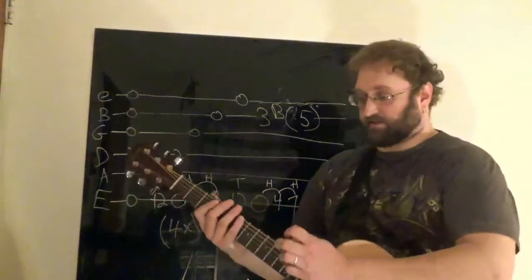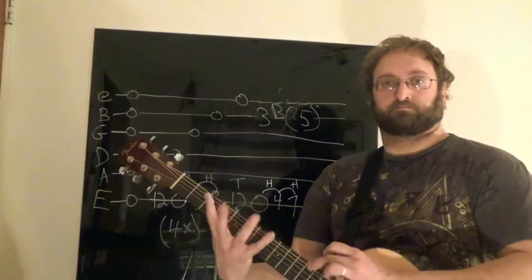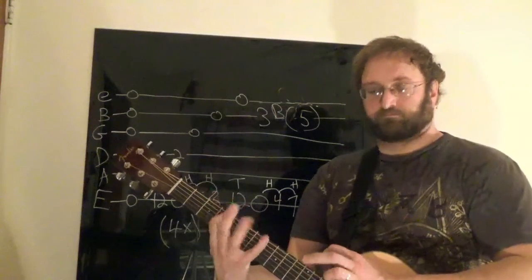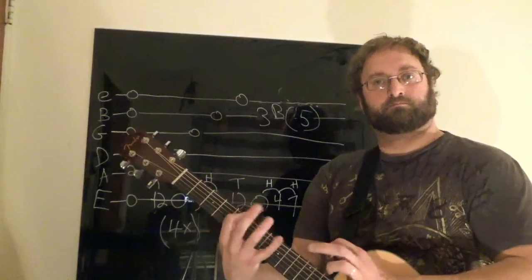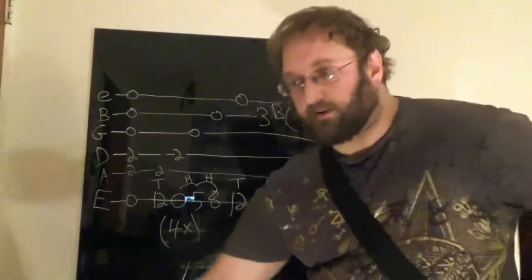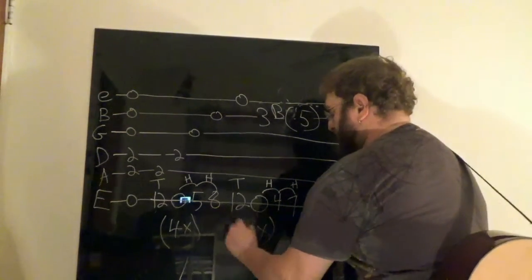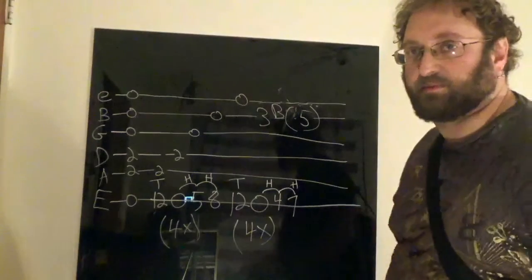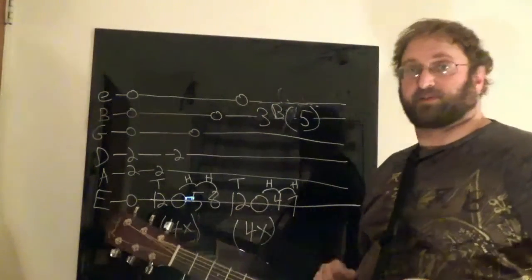So it went like this. Alright, and I'll write down here 4 times. That way you know I played it 4 times. I just don't have the space on the board to write it out. Okay, so that's how you would do that. That's how the tapping stuff works.